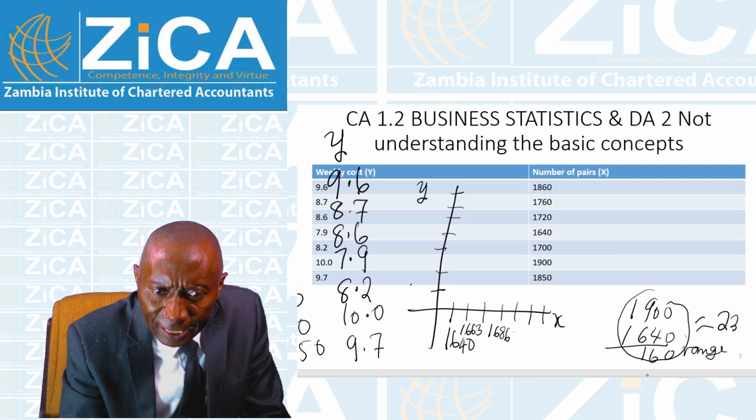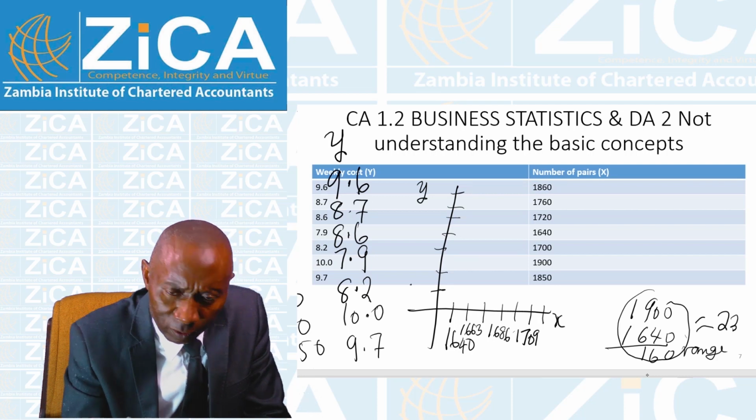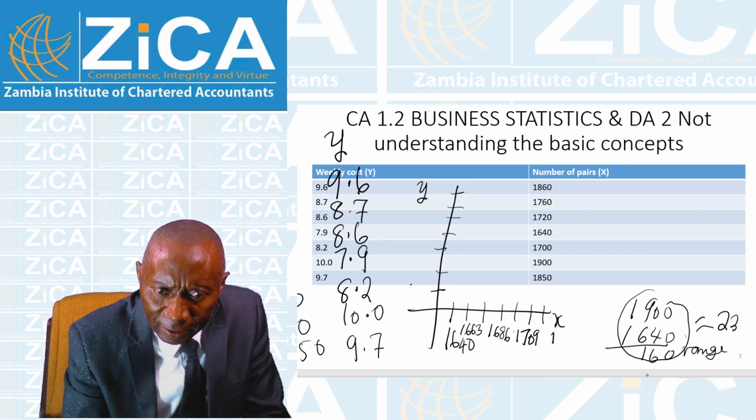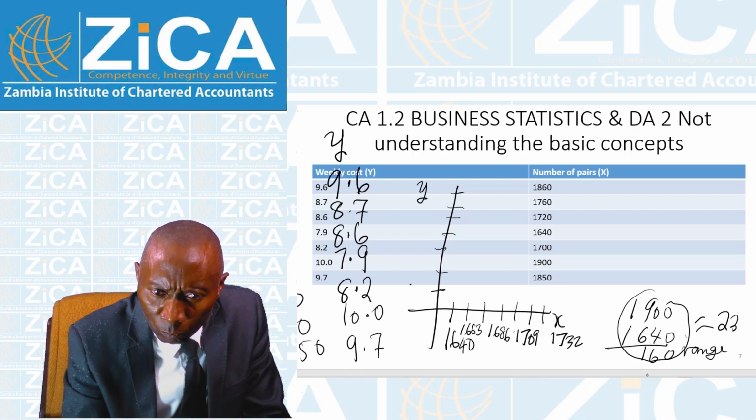So the next number here will be 1709, plus the 23, which will give you again 1732, plus again the 23, which will give you 1755.